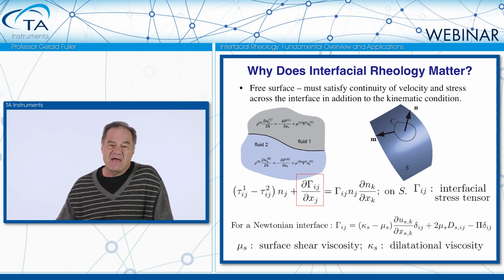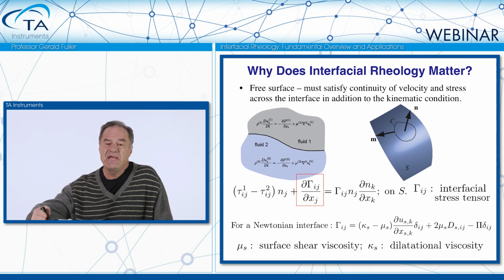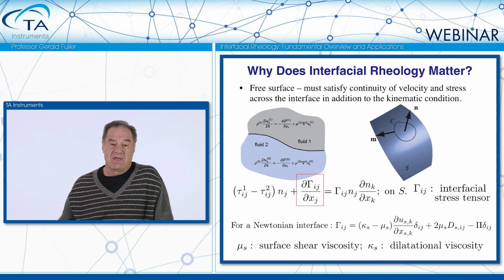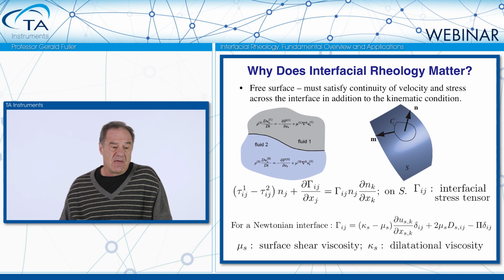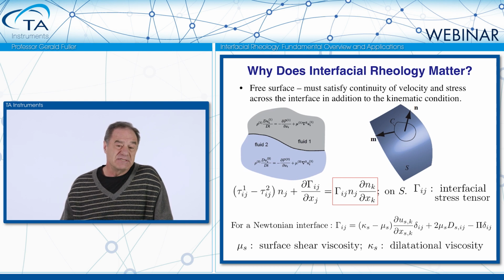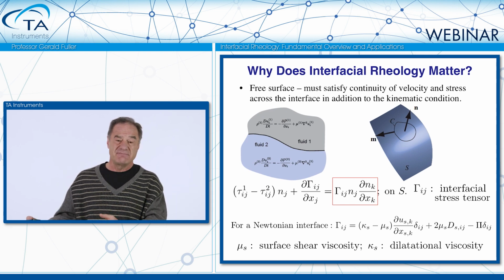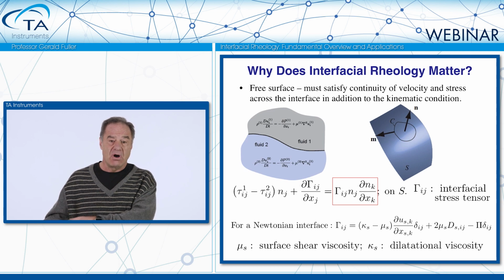That is an in-plane contribution. Very important. Even in the absence of rheological complexity, you have what are called Marangoni stresses. And that's where they come from. And then you have, on the right-hand side, these normal stresses. And in the absence of rheological complexity, that gives rise to something called the Young-Laplace equation. But we need to have a constitutive model, and that is, what is the relationship between that stress tensor, capital gamma, and the deforming action on that interface?